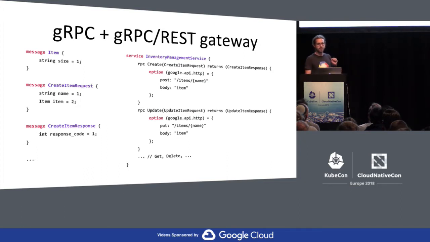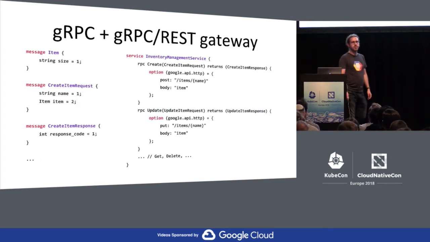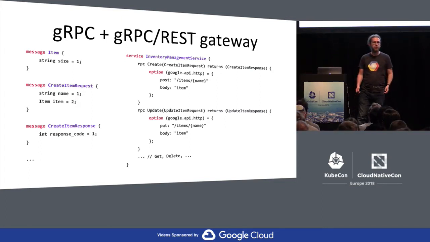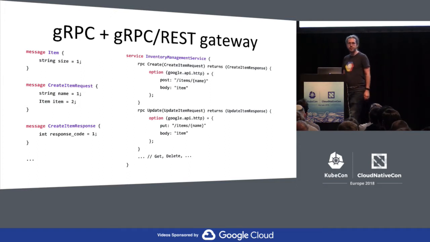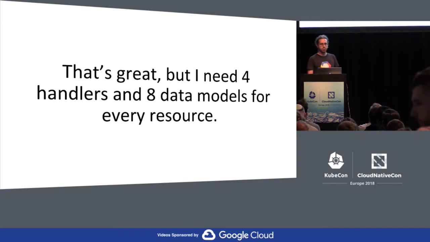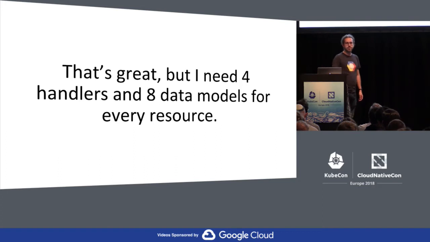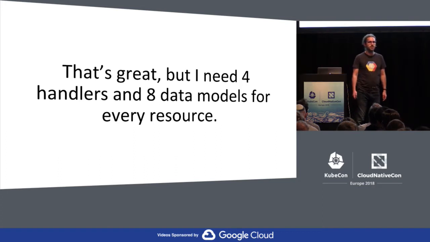And you have to do this for every verb that you want to support. And when you're done, you have a bunch of code, and maybe your programmers are going to do it consistently, maybe they're not. And you can generate documentation, but that works for humans, although humans have to go read it. It doesn't work for machines. If you want machines to call all of your APIs in the same way, it doesn't work for them. So yeah, I have to write a lot of stuff just to get a consistent API.